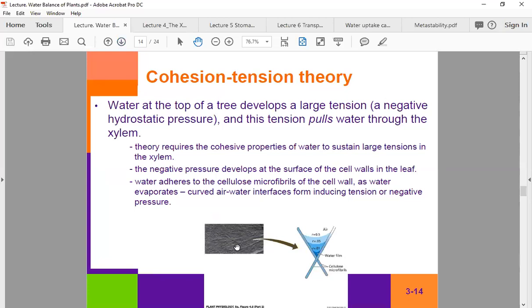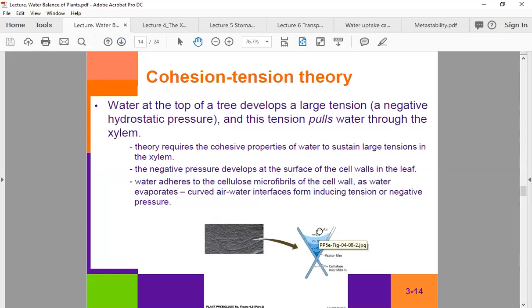So here we have an actual image, a photo. This is a photo of the outside of the cell wall, and you can see all these cellulose microfibrils. Now, if we use this schematic here, which represents only two cellulose microfibrils at an angle to each other, and here we have the air spaces within the actual leaf.